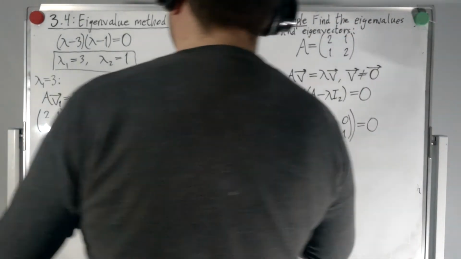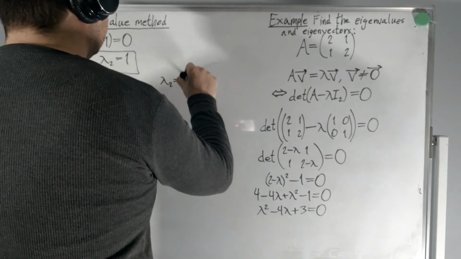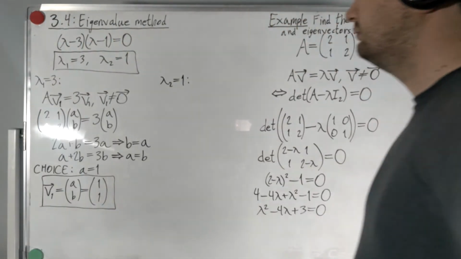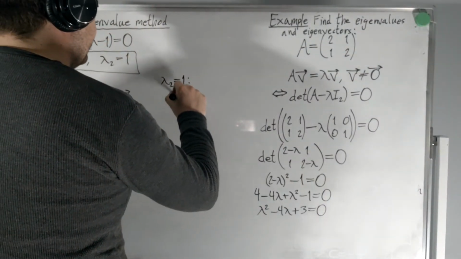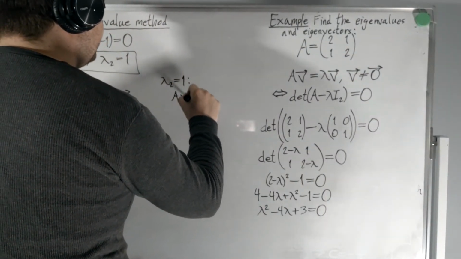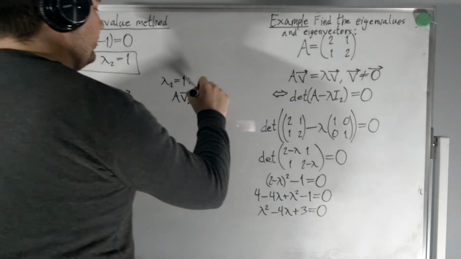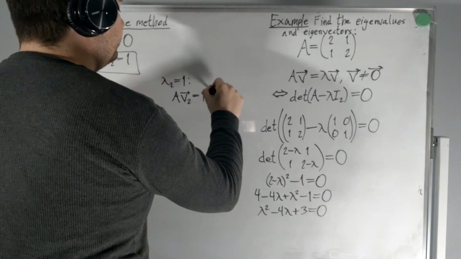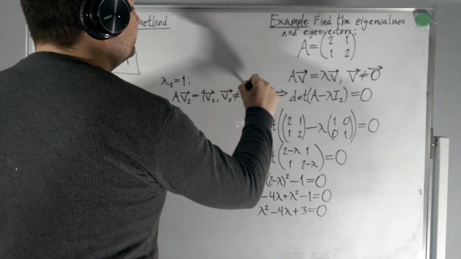All right, let's look at the other eigenvalue, which is 1. So once again, we're searching for vectors v2 such that A times v2 is 1 times v2, and v2 had better not be the 0 vector.